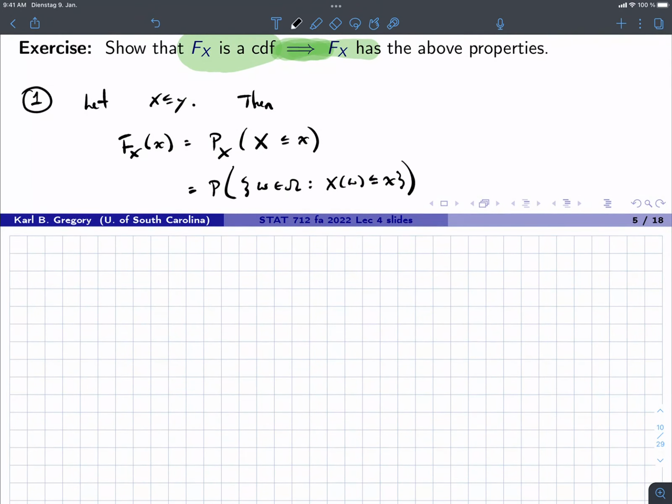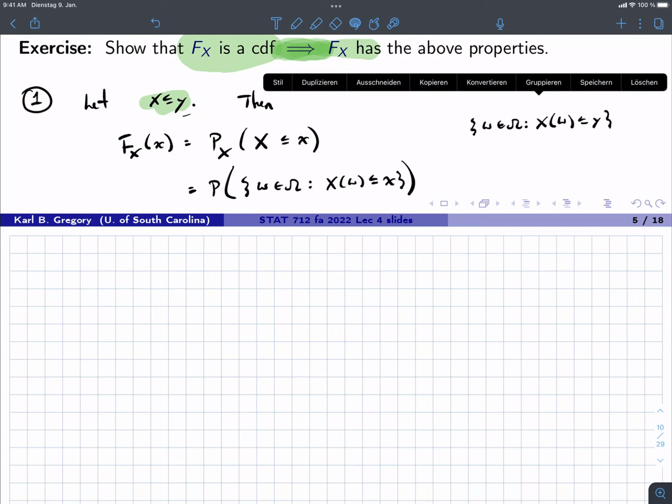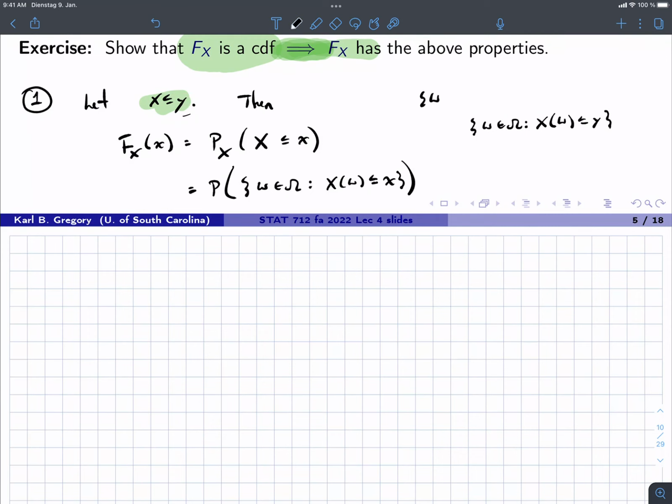And now I want to think about this little y. If I imagine the set of outcomes for which x is less than or equal to y, since y is greater than or equal to x, the set of outcomes for which x is less than or equal to little x must be contained inside this one.